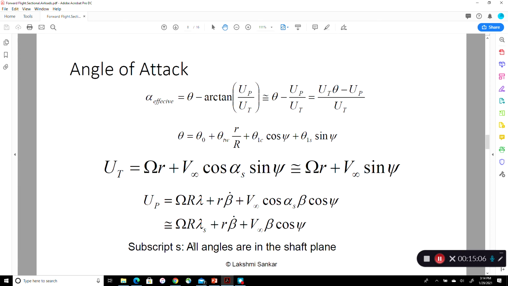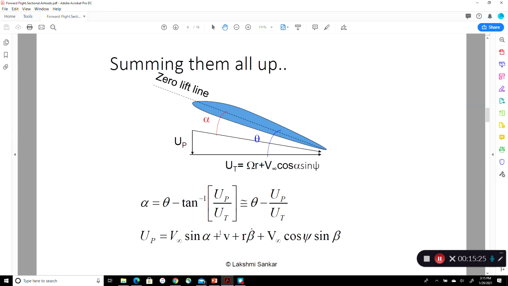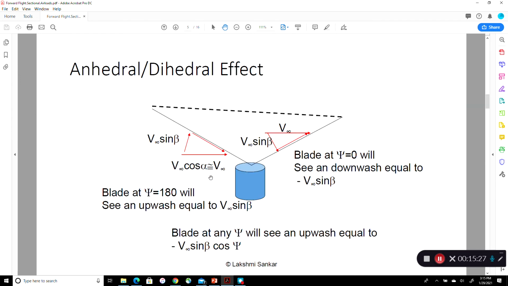If you are using a tip path plane, it will become lambda TPP. Of course, beta dot will go away in the tip path plane. So depending on the coordinate system, we put a subscript to tell which coordinate system we are finding the inflow in, because this alpha depends on the coordinate system that we are using.